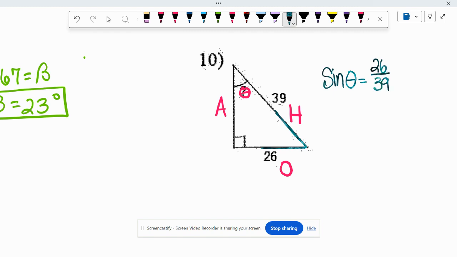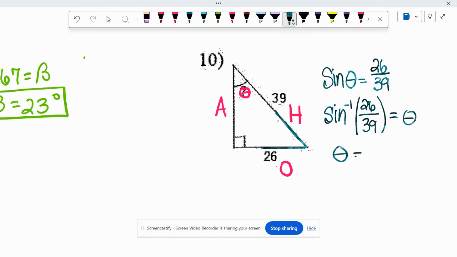Trying to find an angle, so I have to use the inverse function. You with me, Will? So the arc sine of 26 over 39 equals theta. So everybody pick up your calculator and figure out what that is.